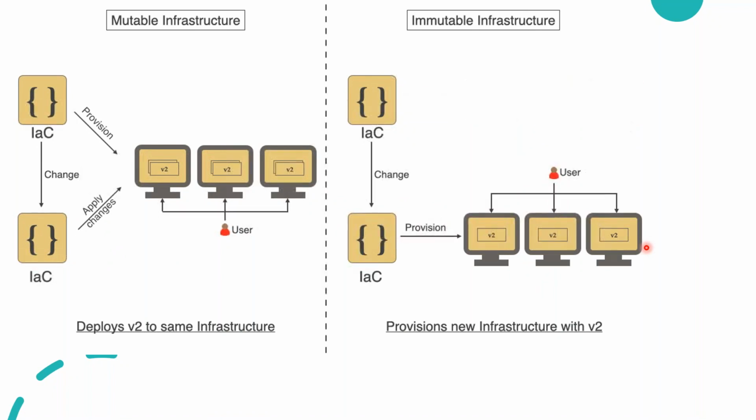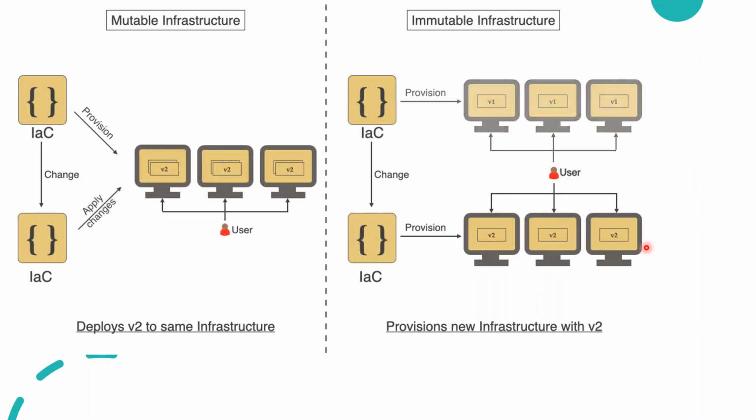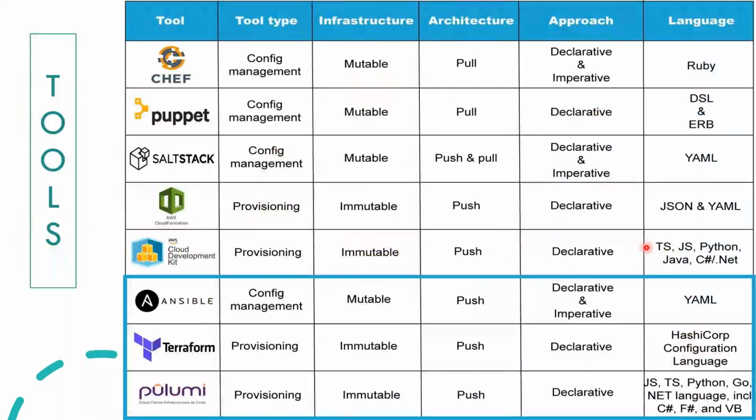So there are two different things: one is provisioning the system, and the other is configuration management. These are the two important concepts. And when it comes to DevOps, there are a lot of different tools in the industry. When you talk about configuration management of an existing system, we use tools like Chef, Puppet, SaltStack, and Ansible.